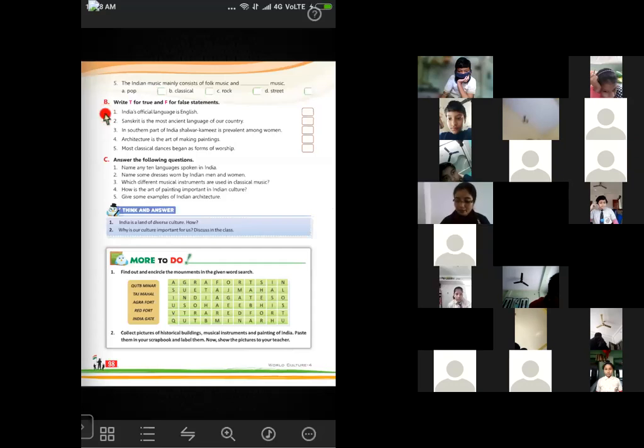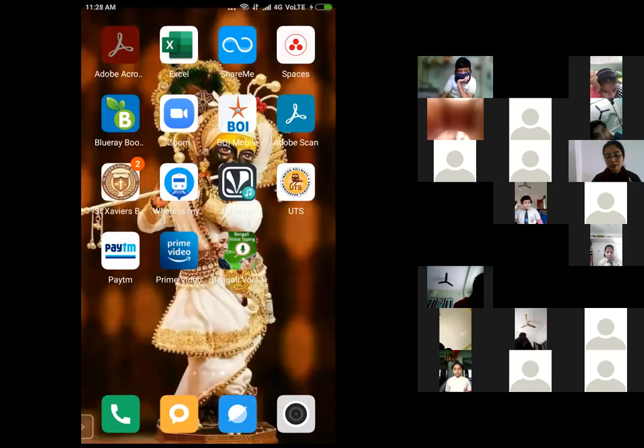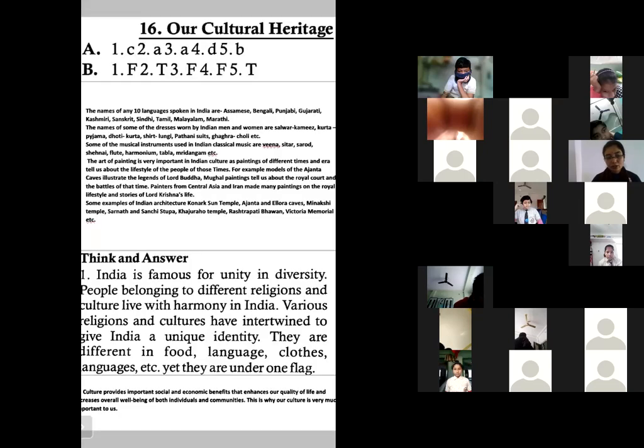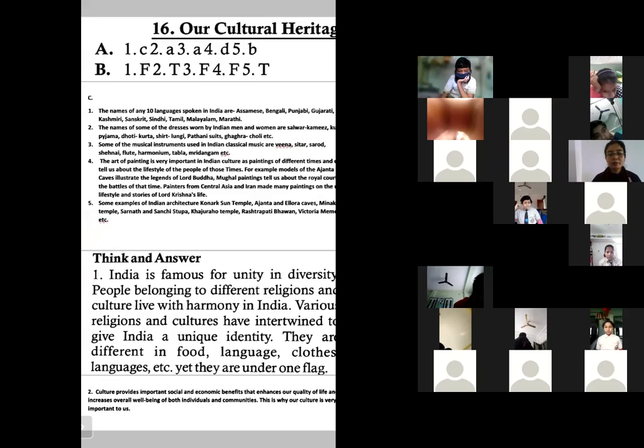And the answer is, some of the musical instruments that are used in Indian classical music are, see, the names of the instruments are also given in your book: veena, sitar, sarod, shehnai, flute, harmonium, tabla, mridangam, etc. Okay, so this is the answer of question number 3.